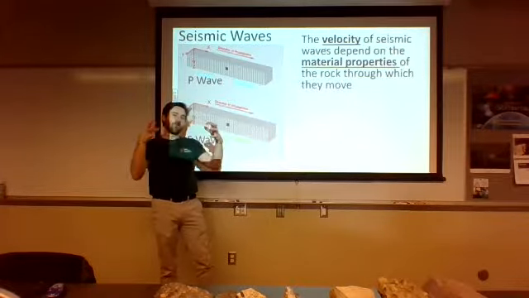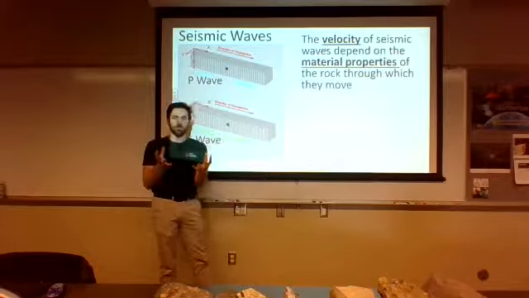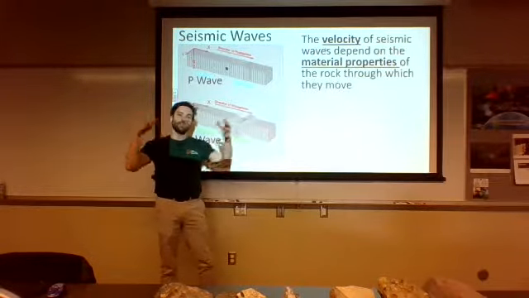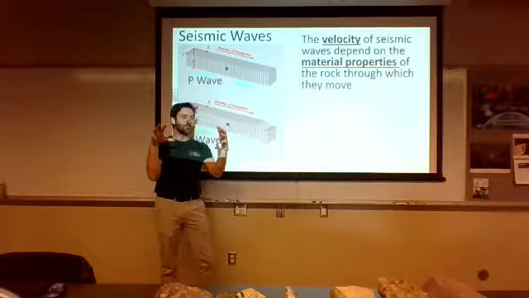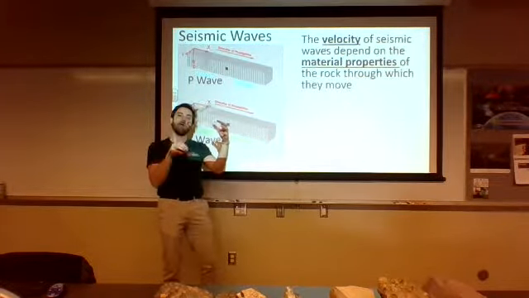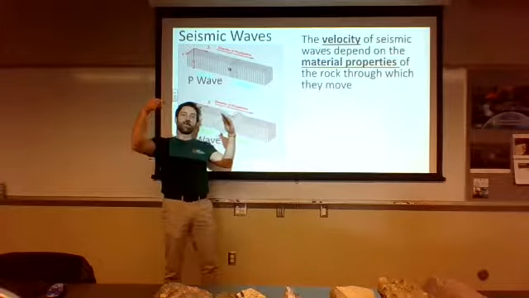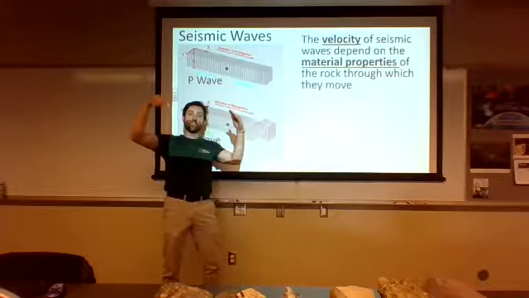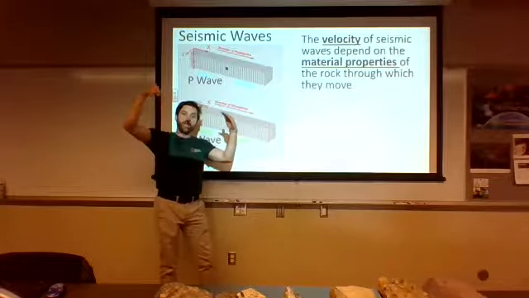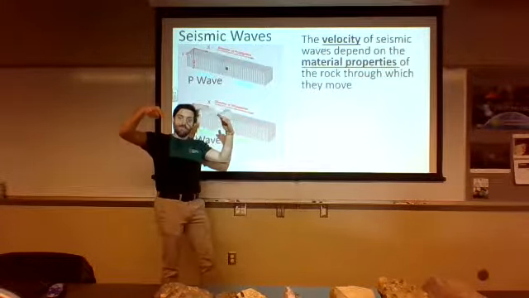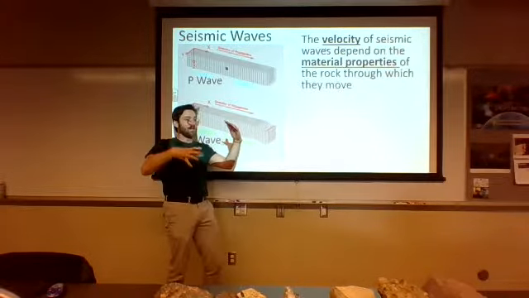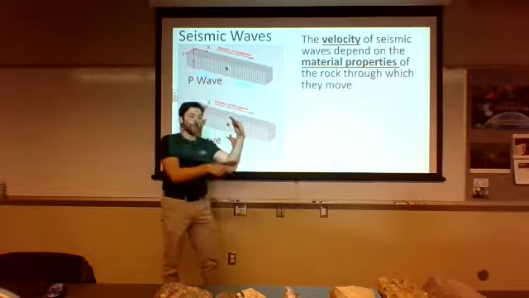So if we can come up with a model or several models of the interior of the Earth, and then after, say, a year of collecting all of this data from seismometers around and comparing those arrival times, you can start to map out the regions of the Earth where it is less dense, or the regions where it is more dense, right? If the waves are going deeper and the Earth is getting more and more dense in the interior, then they're moving faster and faster and faster until they hit a more dense area and they move really fast.